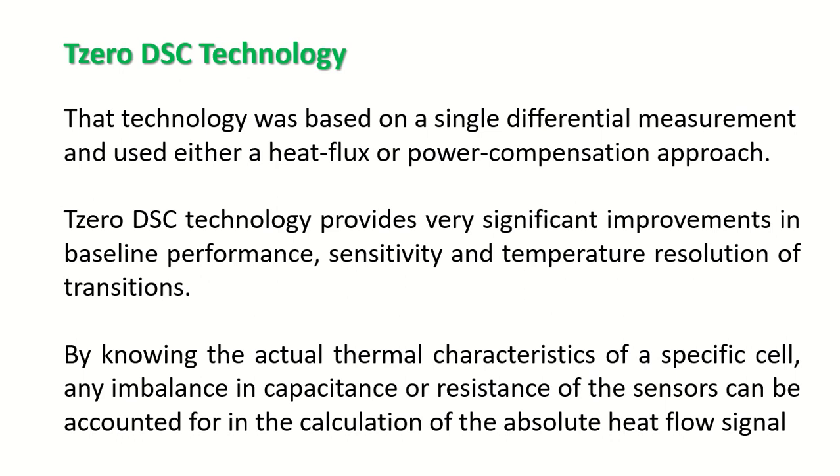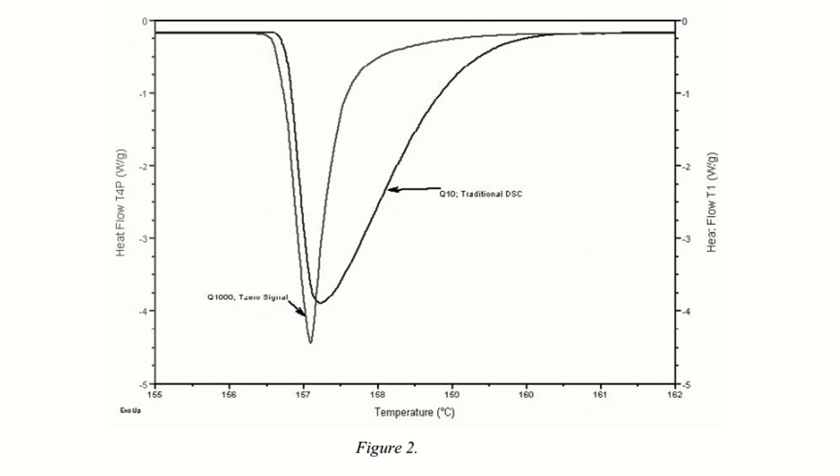By knowing the actual thermal characteristics of a specific cell, any imbalance in capacitance or resistance of the sensors can be accounted for in the calculation of the absolute heat flow signal.